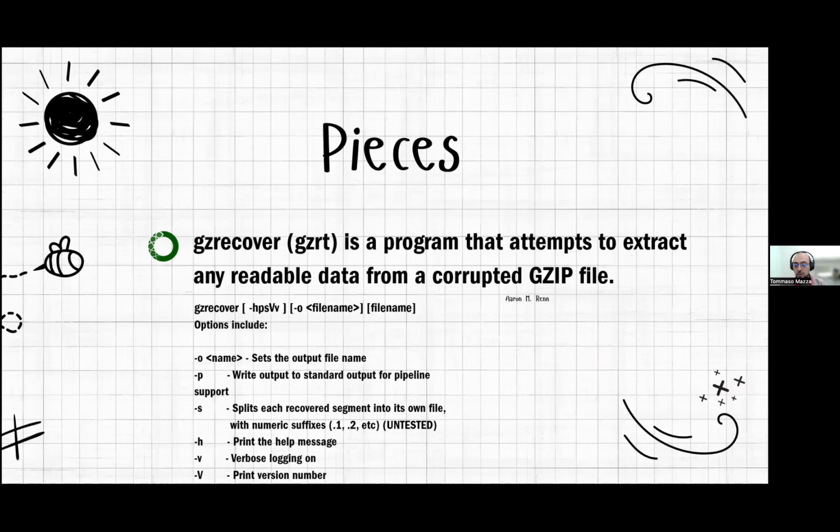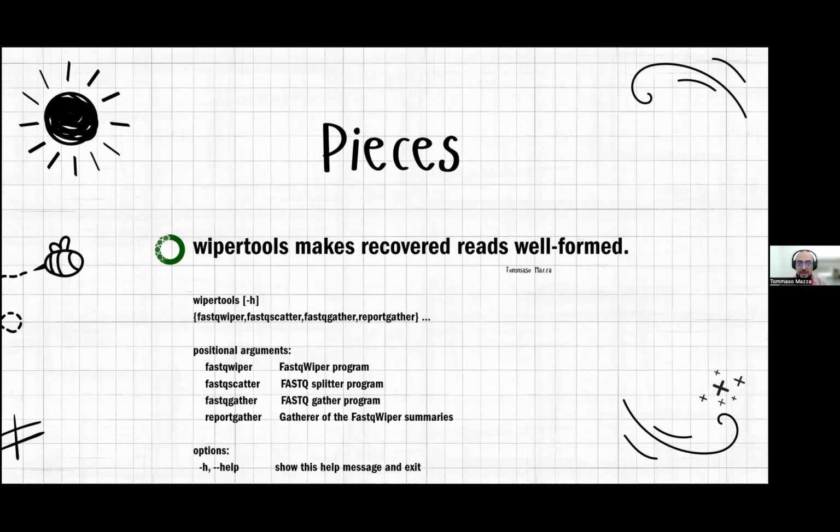But the problem of the recovered file is that it is now readable, but inside you can find many unreadable, so non-printable characters that are not compliant with the FASTQ format in general. So this is why we use wiper tools. I'm the author of wiper tools, and let me say that it is a collection of tools, even if the most important tool inside is called FASTQ wiper.